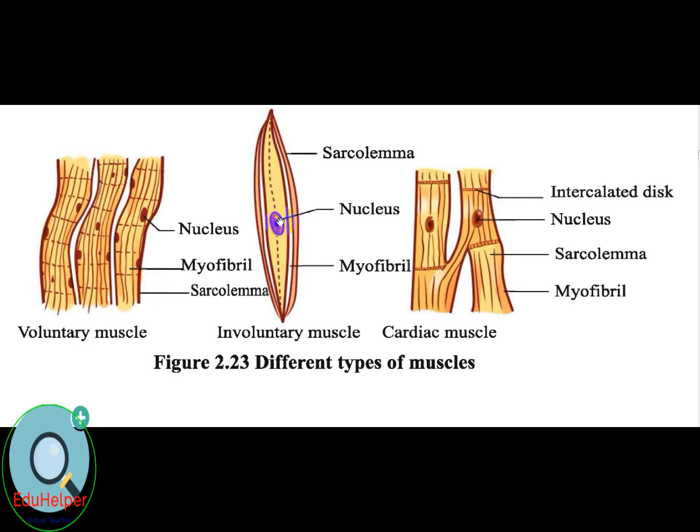Each cell or fiber is filled with a specialized cytoplasm, the sarcoplasm, and is surrounded by a thin cell membrane, the sarcolemma. Each cell has many myofibrils which lie parallel to one another in the direction of the long axis of the cell. They are not arranged in a definite striped pattern as in skeletal muscle, hence the name smooth muscle.